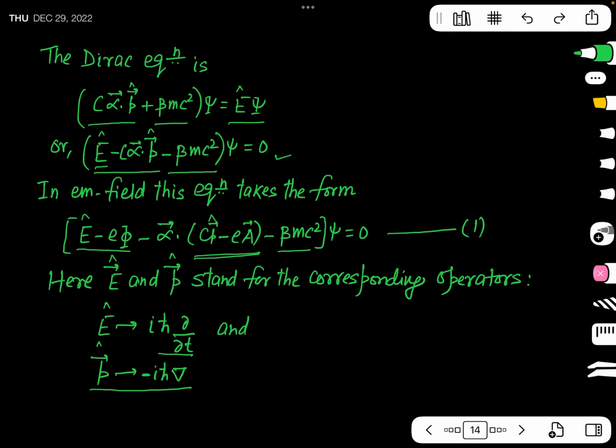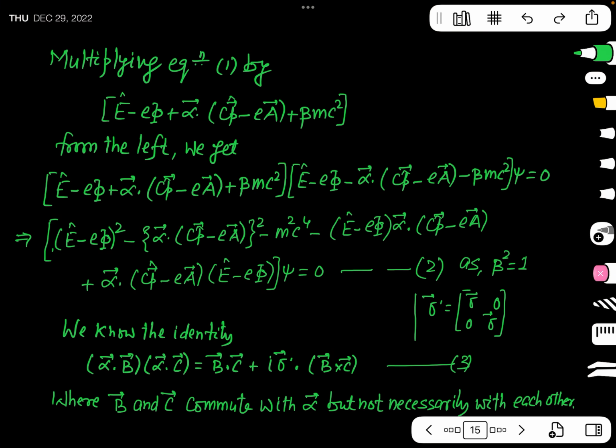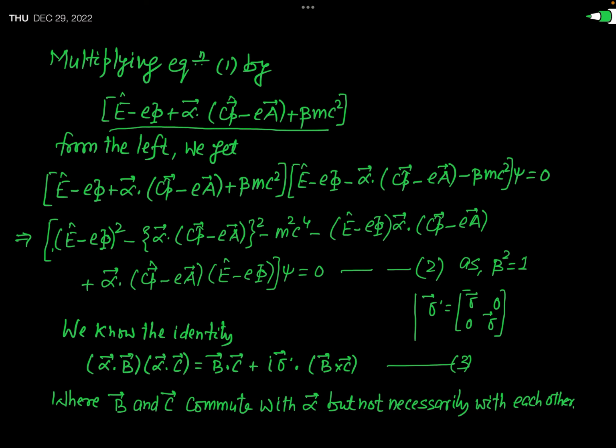It means we will change the sign of the second and third term and then operate that operator on it from the left side. You can also say that we will multiply this equation from the left side by this operator, E hat minus Eφ plus alpha dot (Cp minus Ea) plus beta mc square. Okay.